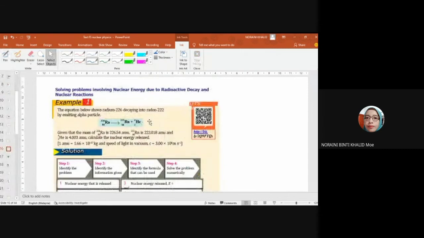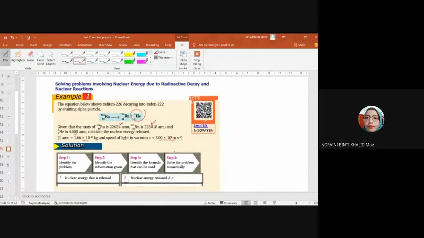Okay, so look at some questions regarding problem solving involving nuclear energy. Okay, example 1, we have radium-226 decaying to radon-222, releasing 1 nucleus of helium, an alpha particle. The masses are given for radium, radon, and helium, and 1 AMU is also given, and the speed of light is also given.